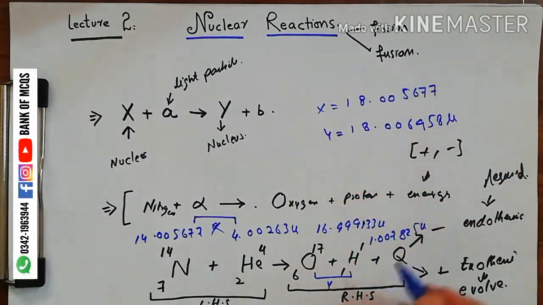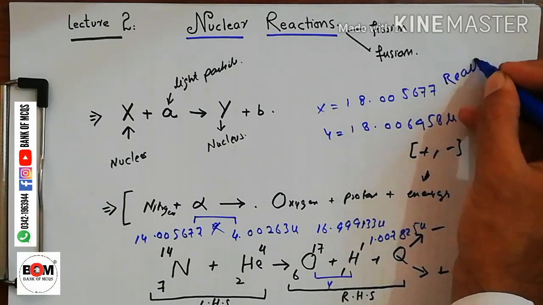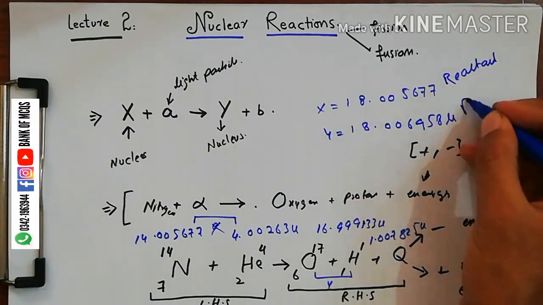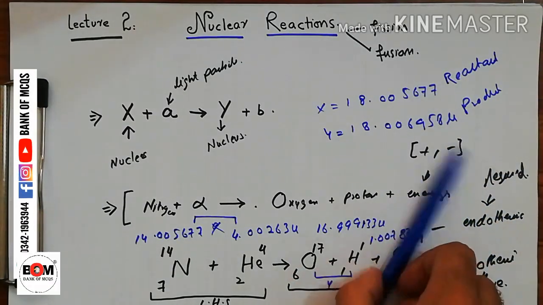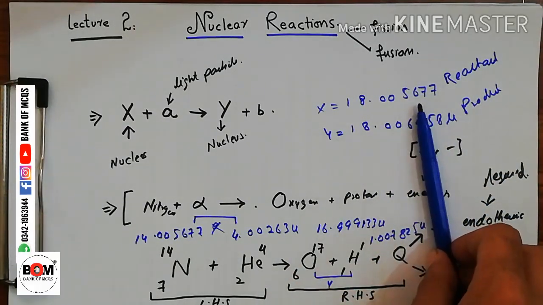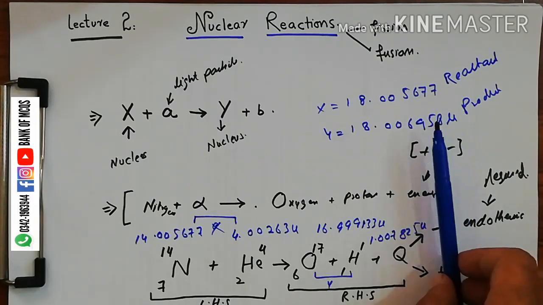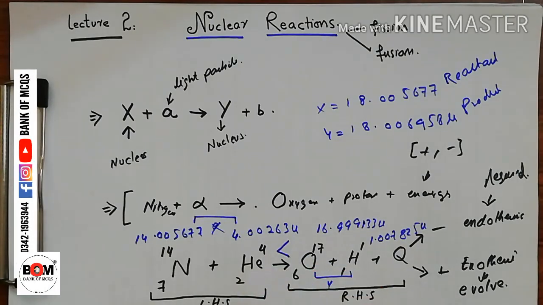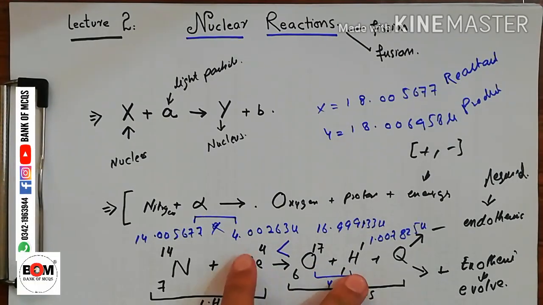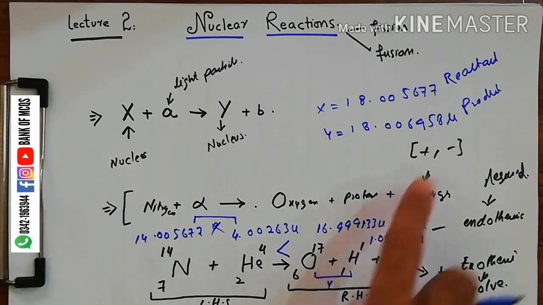So y is equal to 18.006958 u. This is the mass on the left-hand side, the reactants, and this is the mass of the products. As we can see, this mass is 5677 and this is 6958. It means that the mass of the products is higher. The mass can neither be increased nor decreased, so where does this mass appear from?